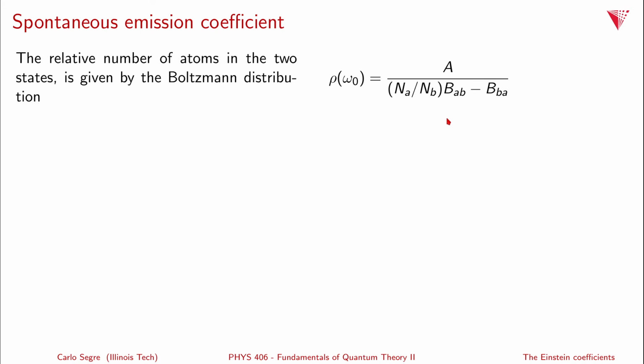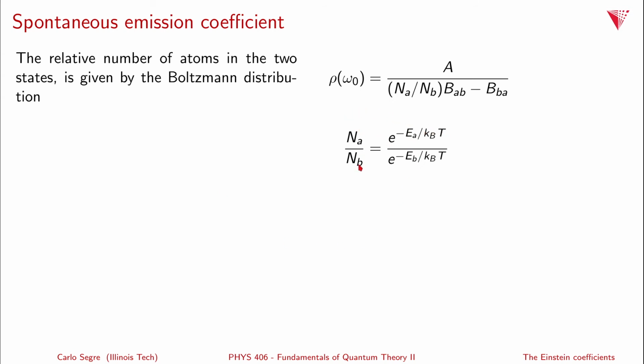So the relative number in the two states we know is given by the Boltzmann distribution in equilibrium, because thermodynamics has to hold. And the Boltzmann distribution tells you the relative numbers of these two populations. And that is dependent on the temperature and the energies.